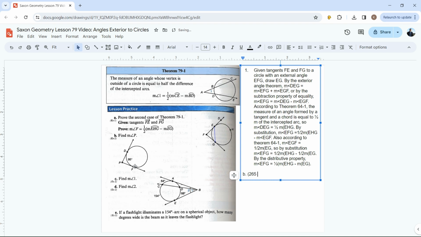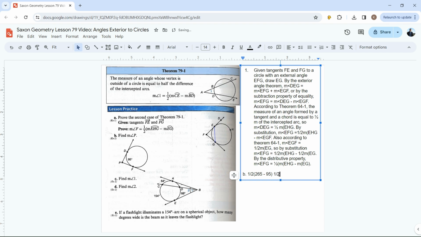265 degrees minus 95 degrees times 1/2 is going to give me the measure of the angle. 1/2 the measure of one intercepted arc minus the other intercepted arc. And this is what this is going to look like for tangents. Okay, 265 minus 95 is going to be 260 minus 90, which is going to be 170.